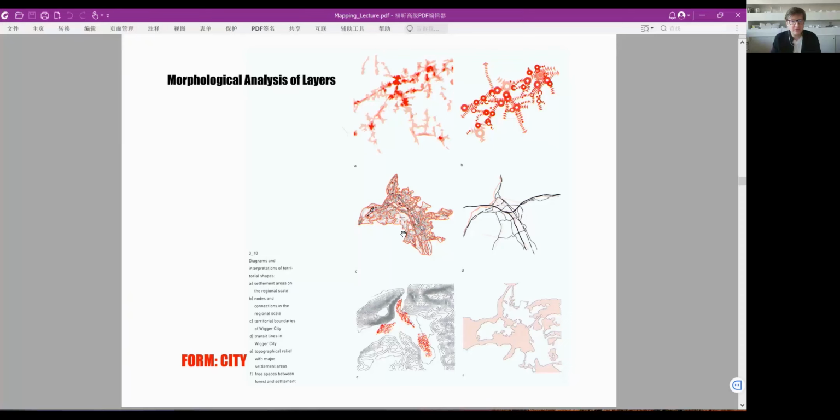But you can also go further down and try to find other morphological layers of the city. So the settlements in this sense can be analyzed more deeply on the regional level, the local level, and also the neighborhood level.